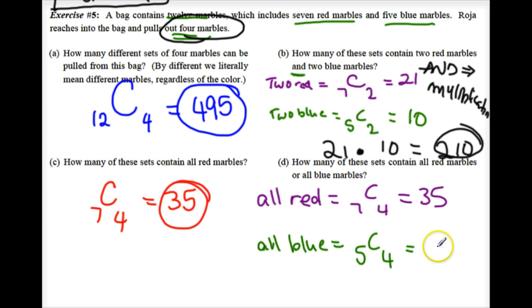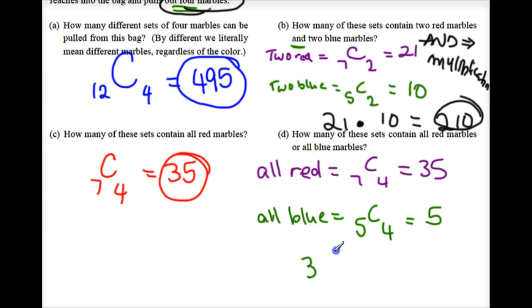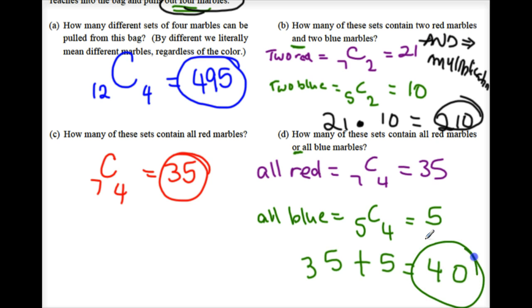So 5 choose 4 is 5. And it says all red, which is 35, or, remember the or we set up here, or means addition. So, or all blue. When I add this, it would be 40.